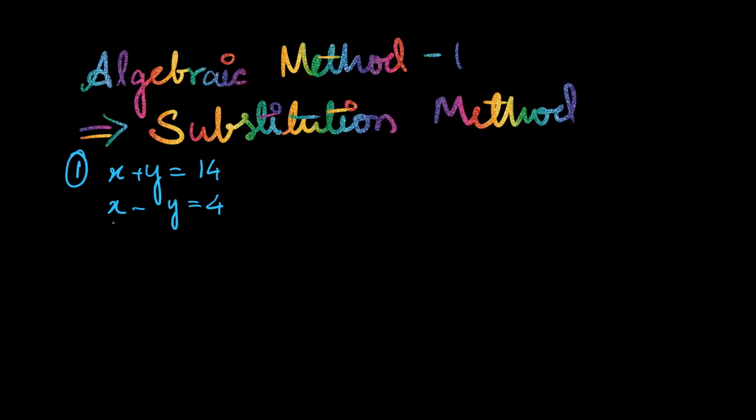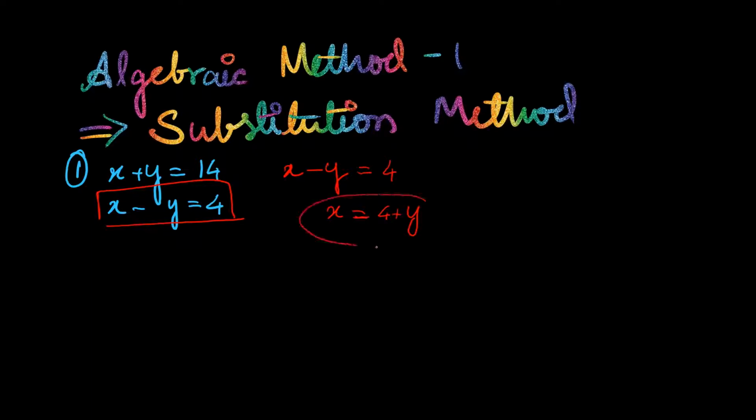Here, if you notice, I have x minus y equals 4. Now x minus y equals 4, right? So if I take my y to the other side, I'm going to get my x as 4 plus y. So now my equation is x equals 4 plus y.